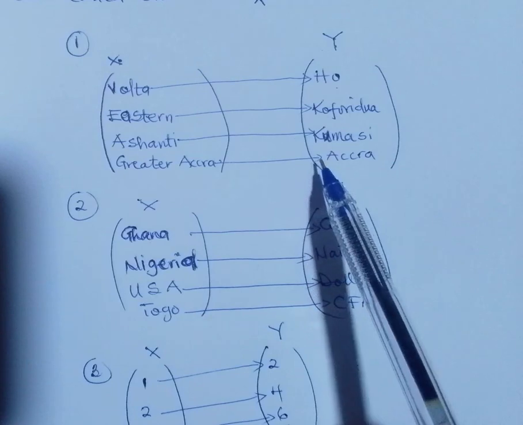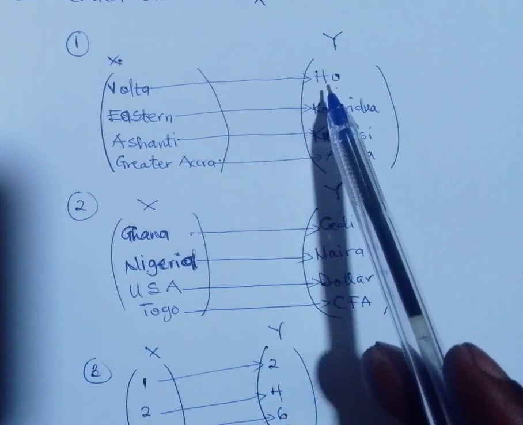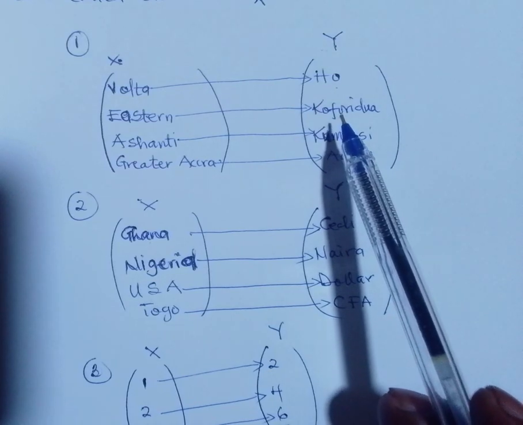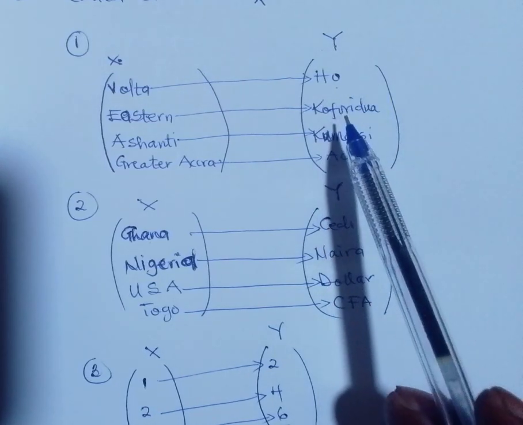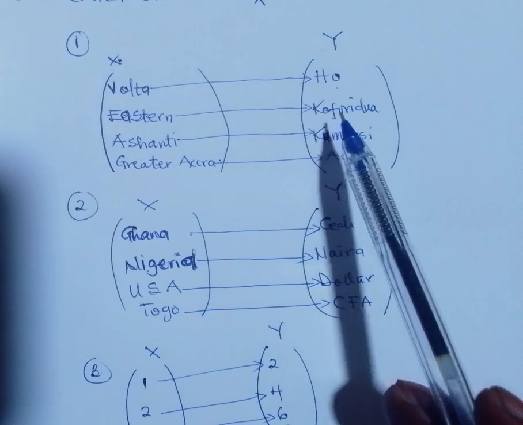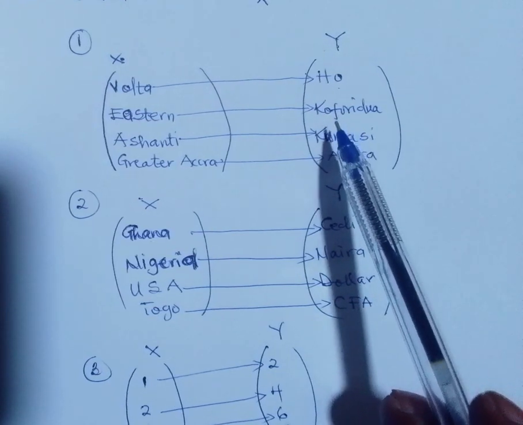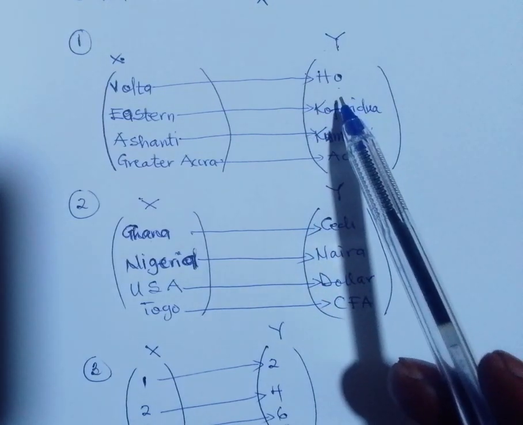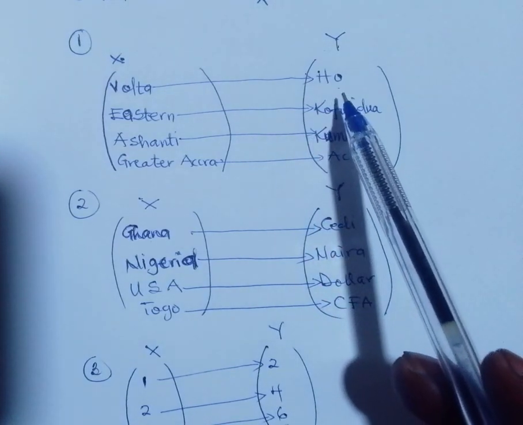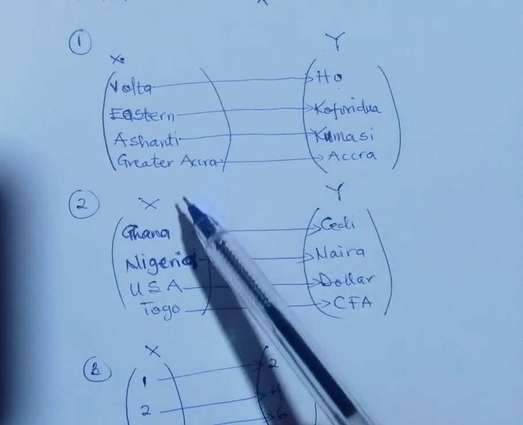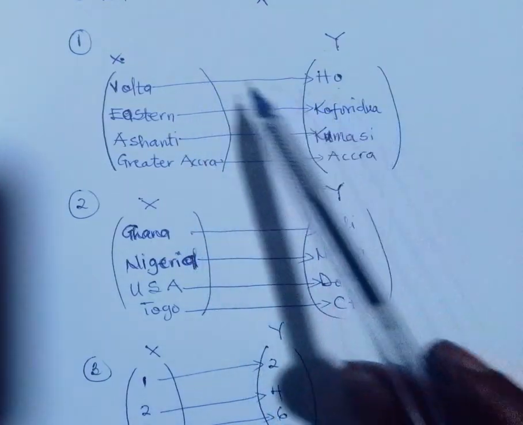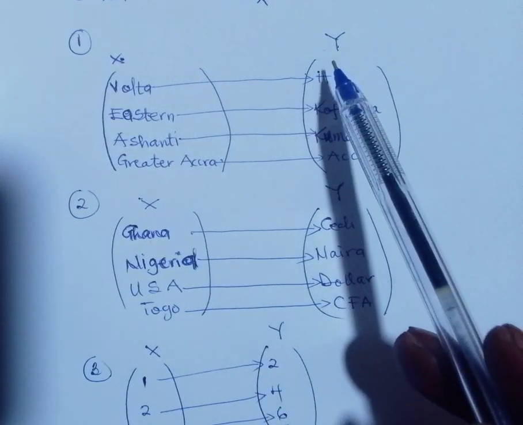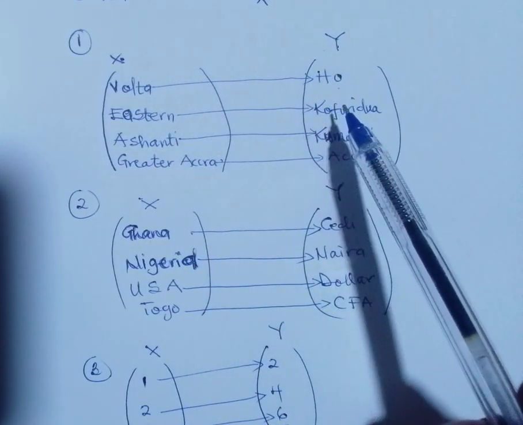So what comes to mind when you see that? What are we talking about? You realize that all the elements you see in Y are the regional capitals. So in this case, we can say that the relation between the two sets, that is set X and set Y, is the capital of.